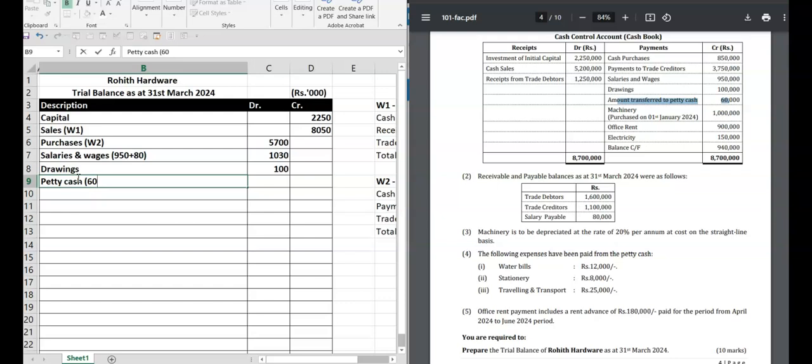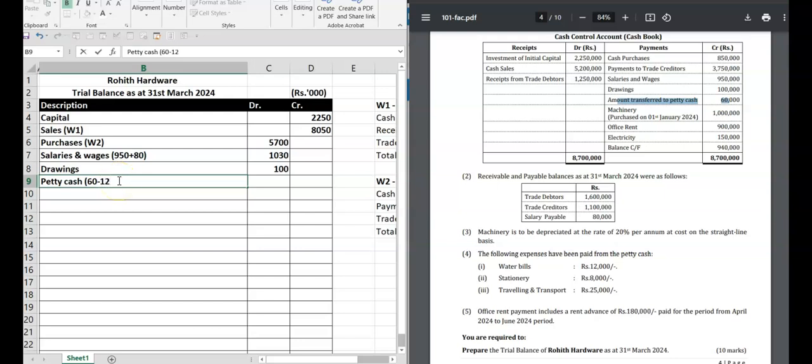You are just showing the balances of each account. If in the petty cash account you have given 60,000, that means you have transferred. Out of that, they have given you some expenses in the 4th point. The following expenses have been paid from the petty cash. So you have to minus those expenses.